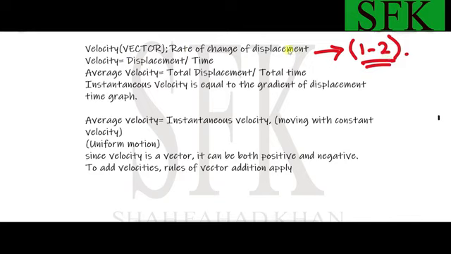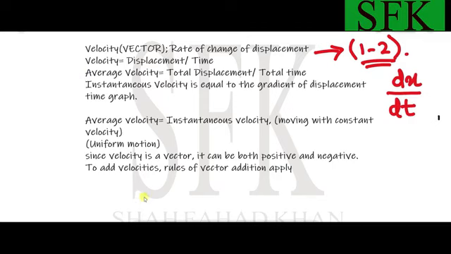Mathematically it can be represented as dx/dt, where x represents displacement, so difference in displacement upon difference in time. So change in displacement with respect to time is velocity, which is a vector again. It can also be written as displacement upon time.